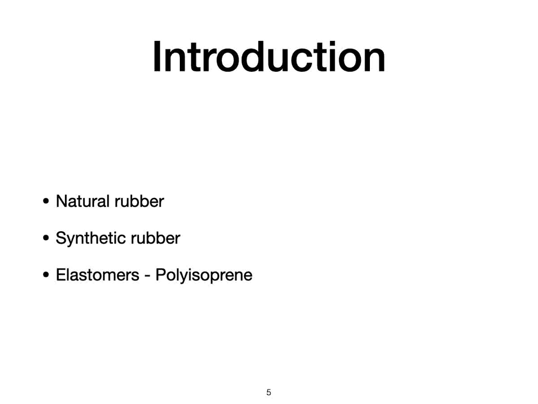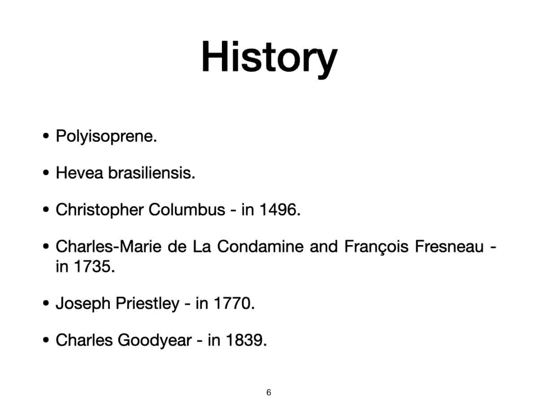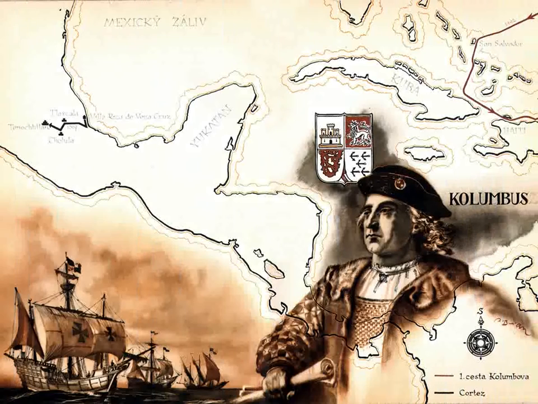Natural rubber was first discovered by Christopher Columbus during his second major voyage, but was scientifically described by Charles Marie de la Condamine and Francois Fresnel of France following an expedition to South America in 1735.